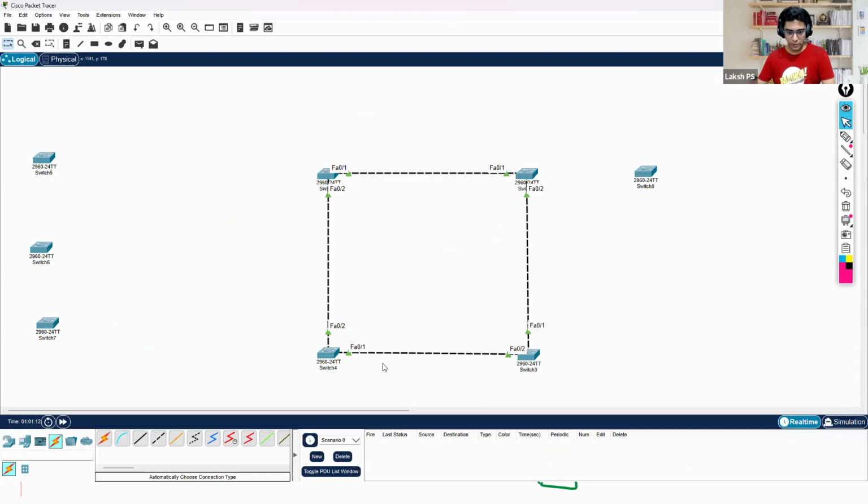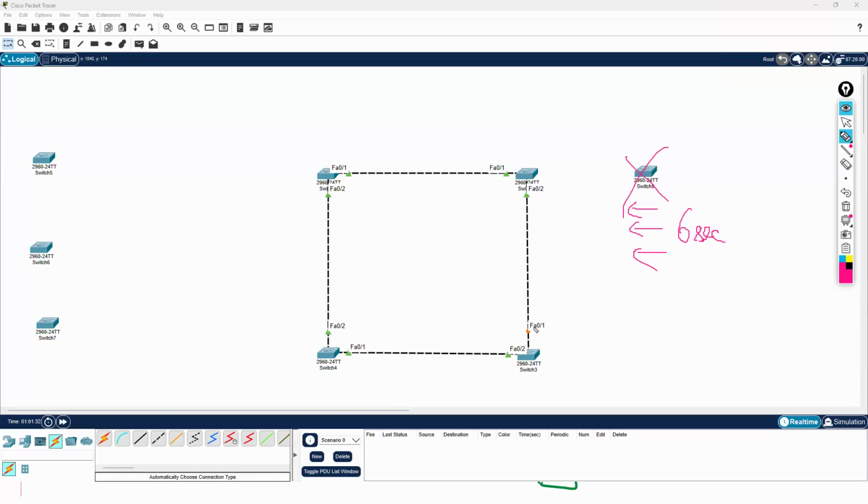The spanning tree will once again run for VLAN number 1, because 1 missed BPDU, 2 missed BPDU, 3 missed BPDU, so in total 6 missed BPDUs. That means this is dead. And again, there will be a spanning tree convergence. You can see now this has become green, sorry, yellow.